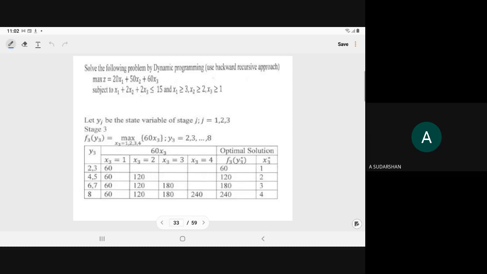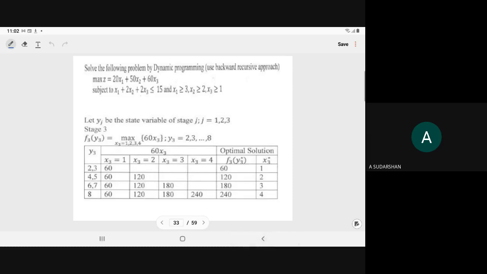Maximize z is equal to 20x1 plus 50x2 plus 60x3 subject to x1 plus 2x2 plus 2x3 less than or equal to 15 and x1 greater than or equal to 3, x2 greater than or equal to 2 and x3 greater than or equal to 1.